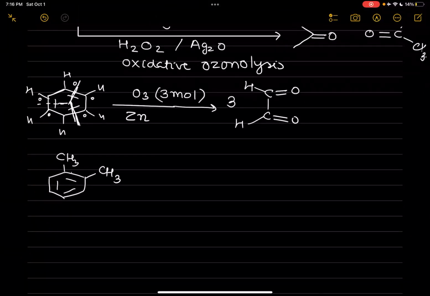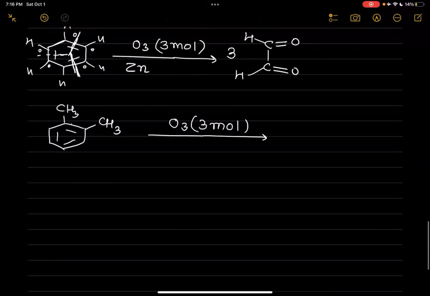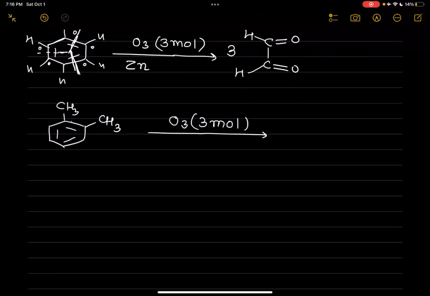So here everybody makes a mistake, and it is a very famous question. You reacted this molecule with 3 moles of ozone. And what are the products which will not form during the ozonolysis of xylene, orthoxylene?